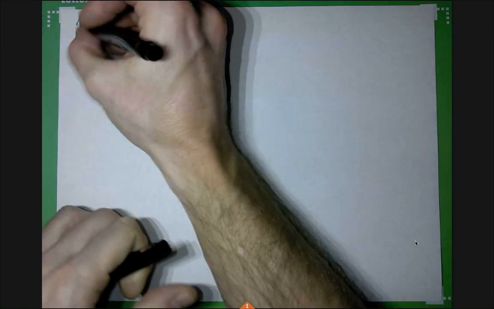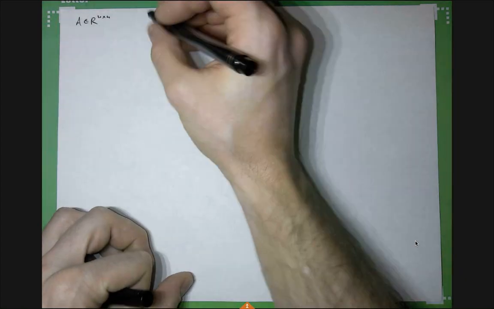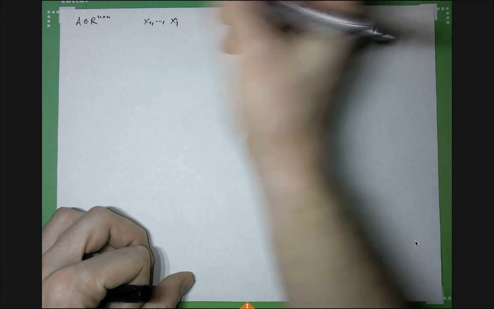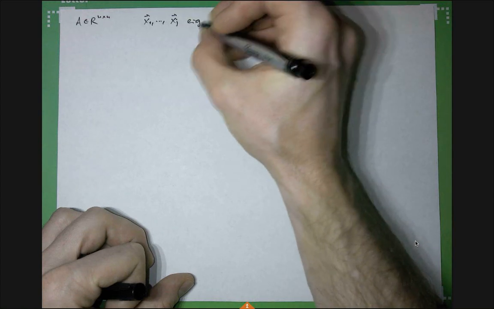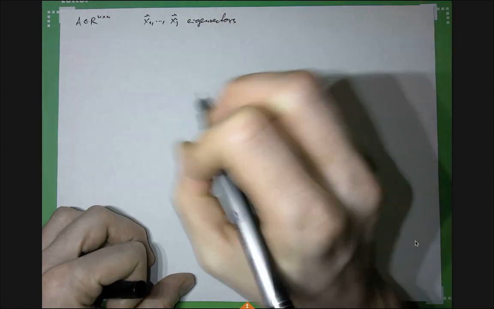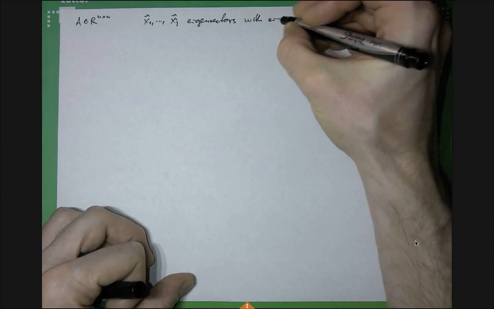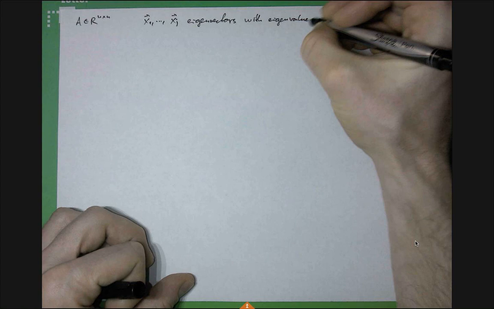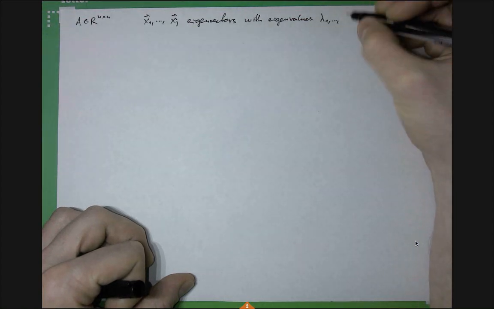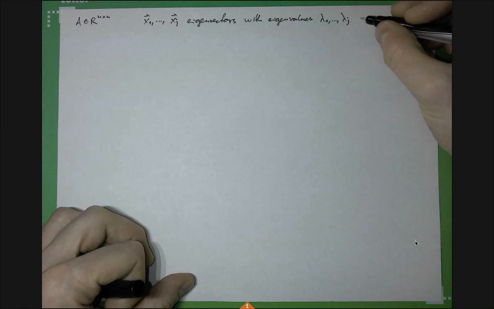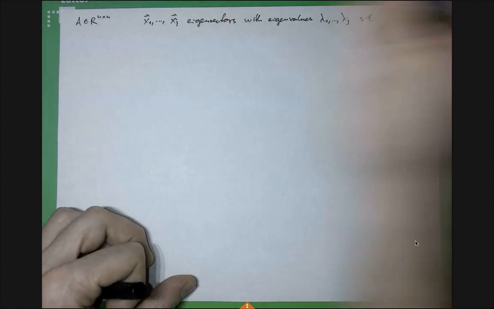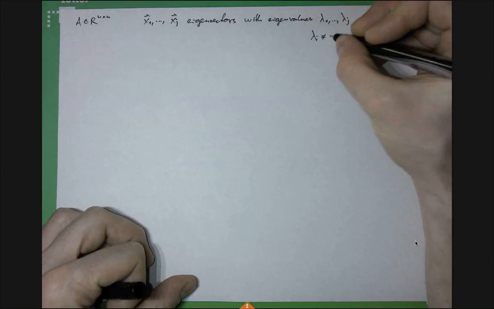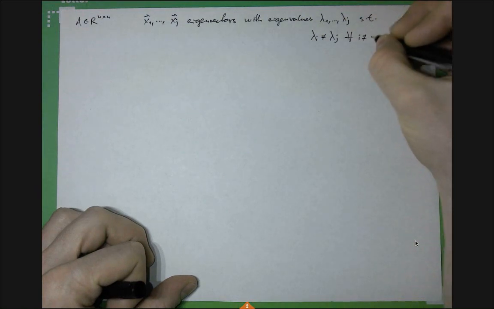So what is the situation? We have a real n by n matrix A, and we are saying that x1 to xj, where j can be any number, of course less than n, but that's not the point here, are eigenvectors with eigenvalues lambda 1 to lambda j, such that lambda i is different from lambda j for each i different from j.